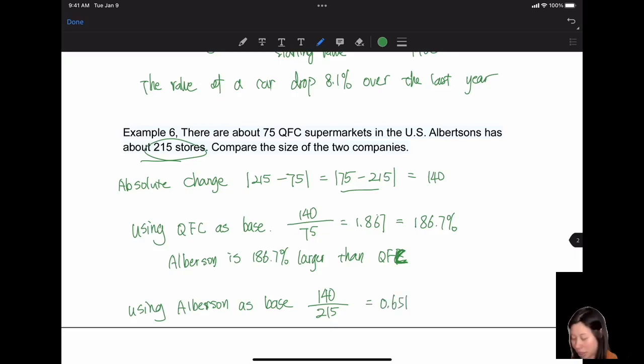Then we can state QFC is 65.1% smaller than Albertsons. Okay, that's the comparison.